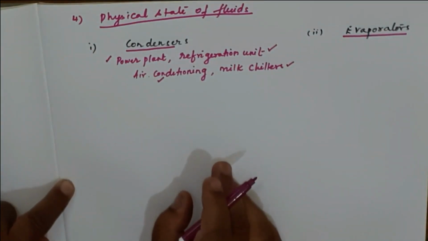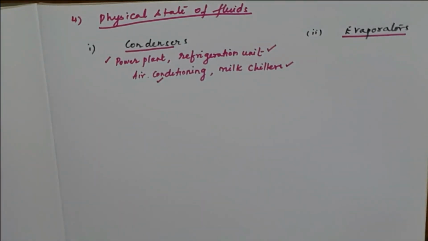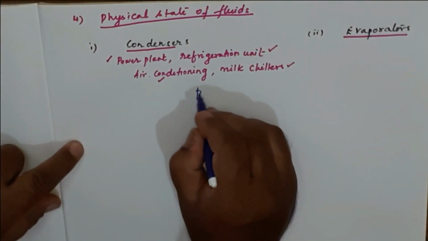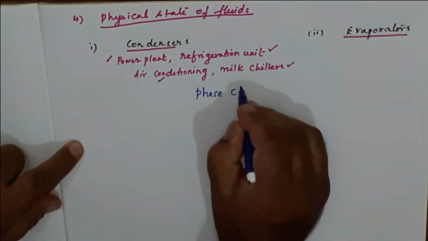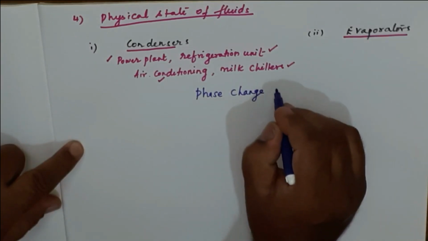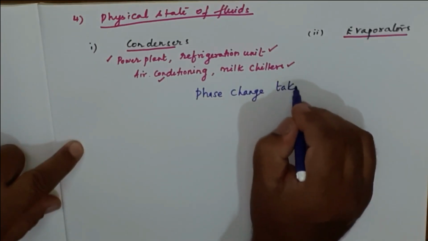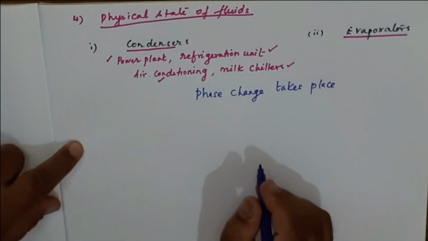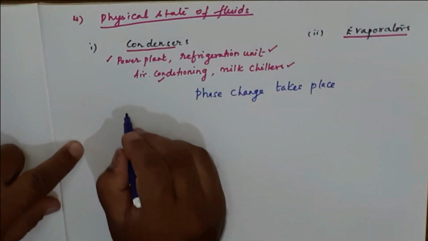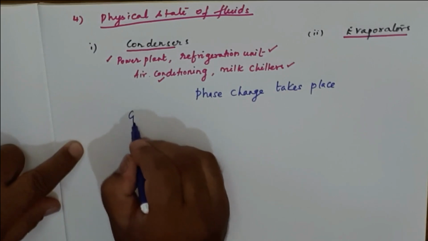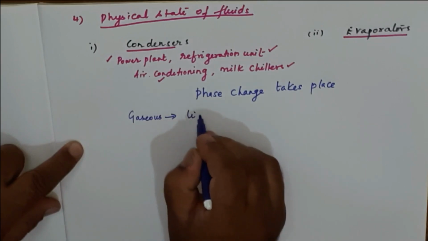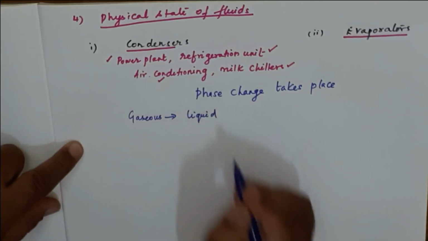So here in condensers and evaporators, as we have seen already, phase change takes place. In a condenser, you have a gaseous fluid that is converted into a liquid fluid.